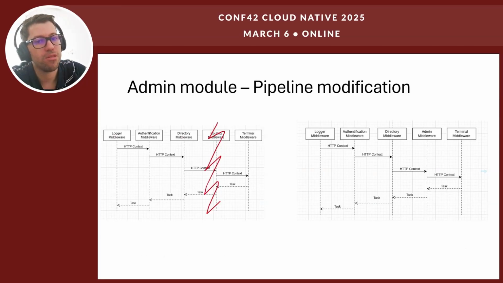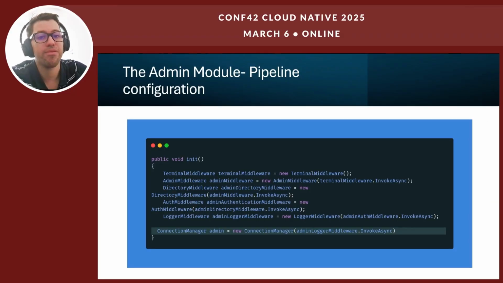Let's talk about the pipeline. The web pipeline and the admin pipeline will of course be very similar. But we will replace the routing middleware, which is used to get the resource on the server, with the admin middleware to handle the operational tasks that we want. So still in the init function of the server, we will create our new pipeline. We can reuse most of the middleware we already had, the terminal middleware for example, or even the logger.